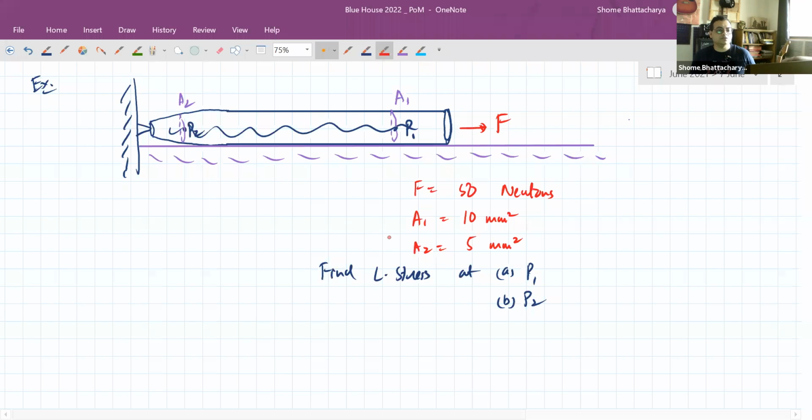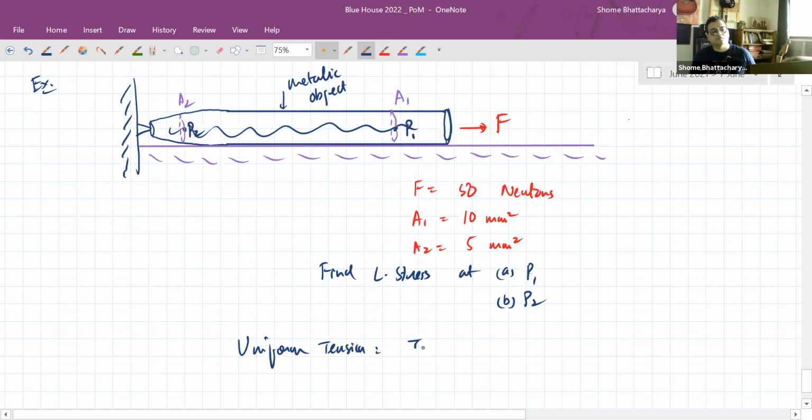So even though the tension is uniform, the metallic object is experiencing a uniform tension. Okay.